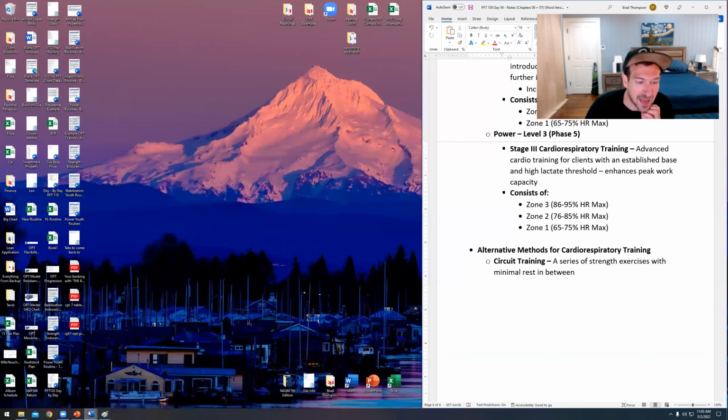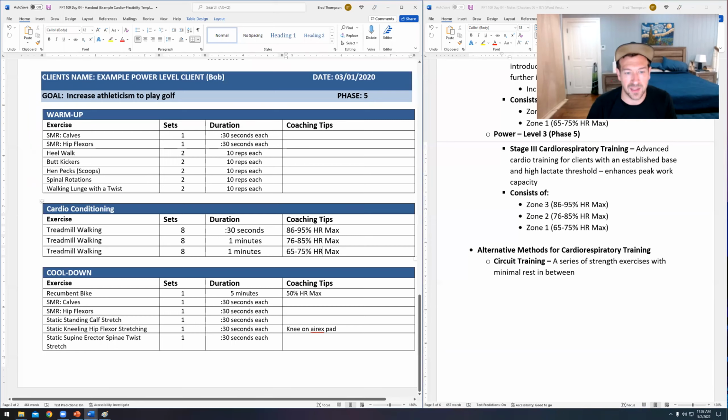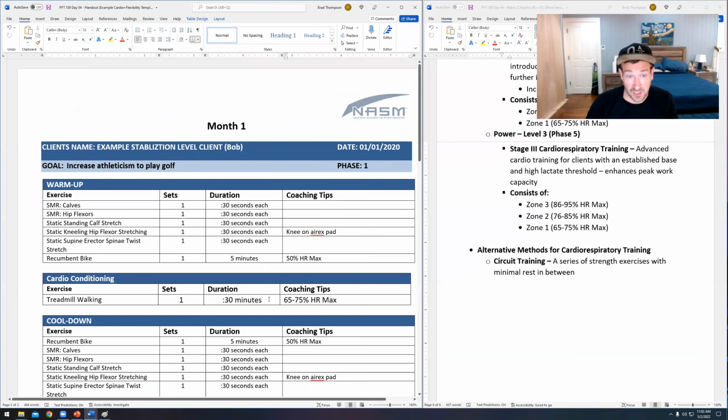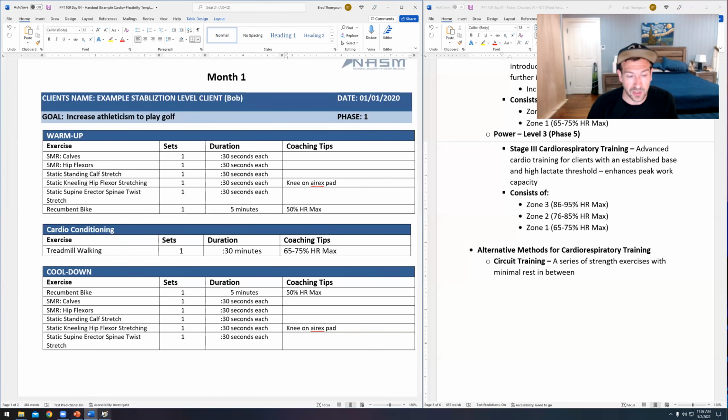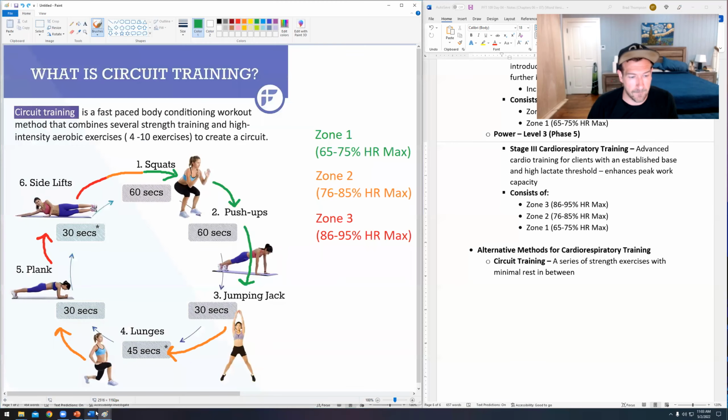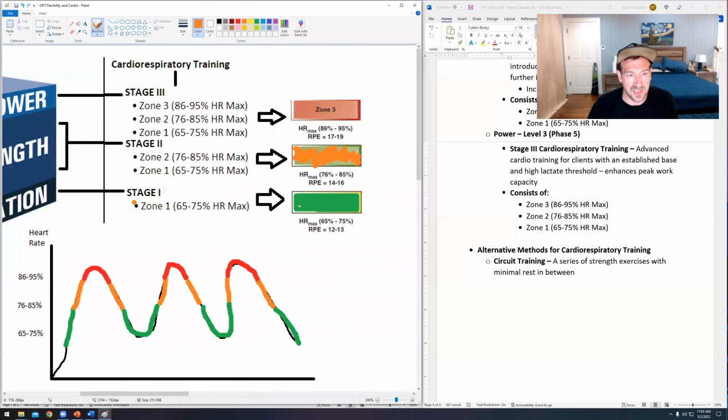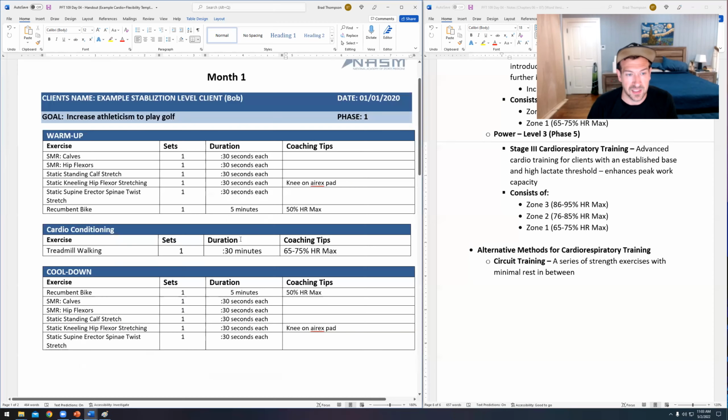So let's go back to Bob in his 3-month example here. His first month, the only tool in our toolbox, right, is stage 1. We're really just kind of staying in green here for his first month of training. So he's going to stay on the treadmill 30 minutes, 65 to 75% heart rate max.